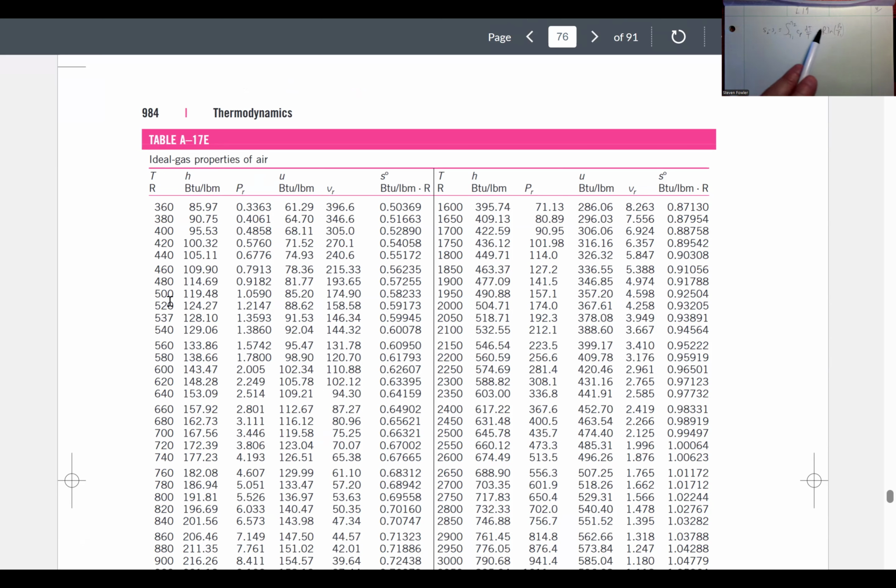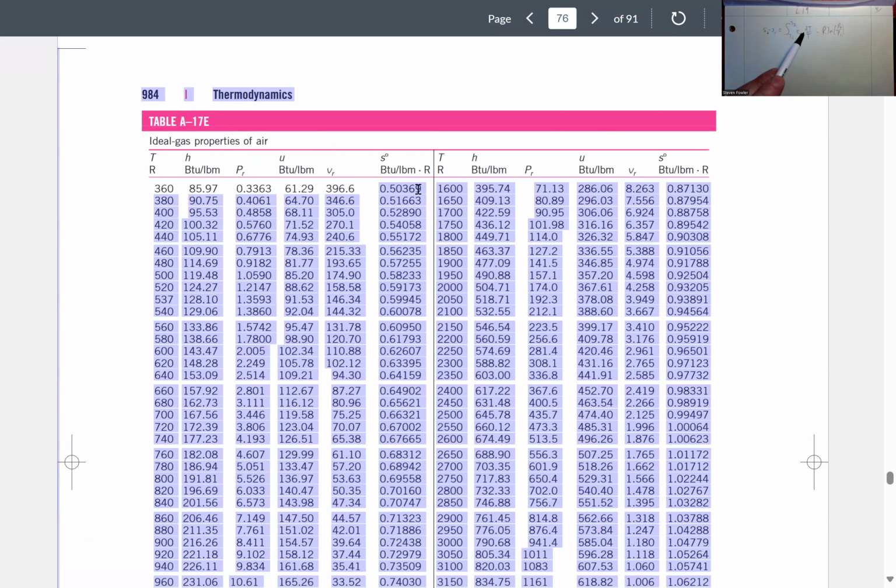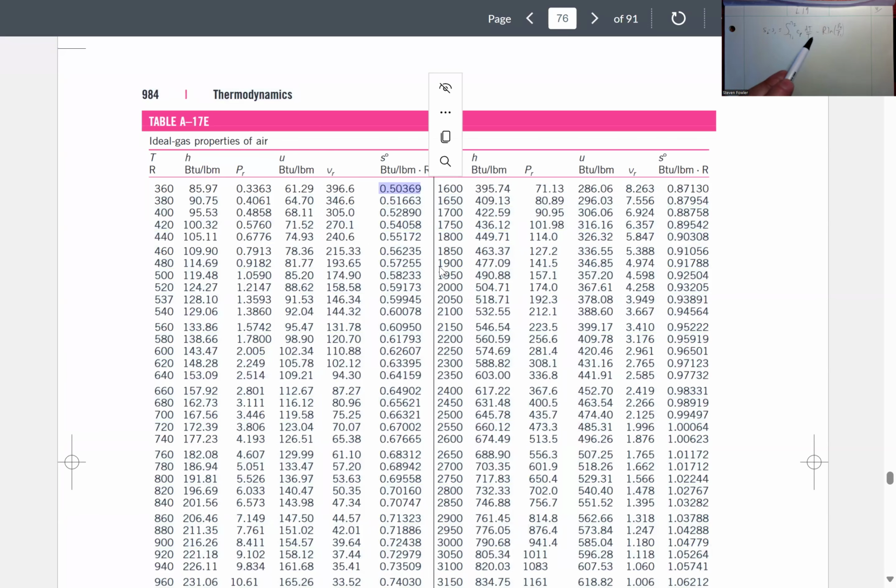Now notice from Gibbs' equation here that delta S is a function of temperature and other properties, not just temperature alone. This S naught value does not describe the part that is not temperature-based. It only describes the part that is temperature-based, because this is only a function of temperature.